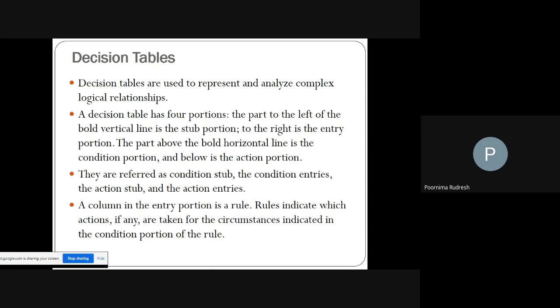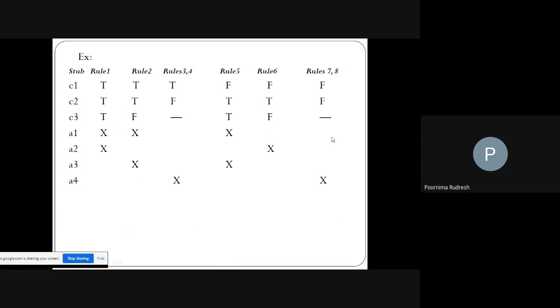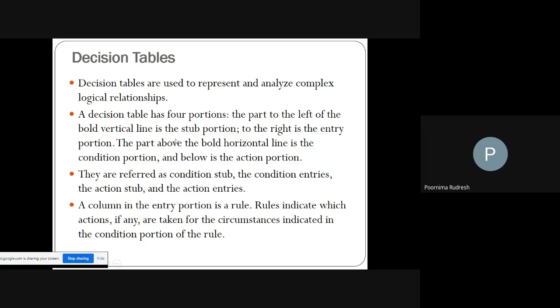First, we'll see what a decision table is and how it can be constructed. If you consider this example, this is called a decision table. It consists of four parts, and the leftmost part is called the stub part. To the right are the entry portions.